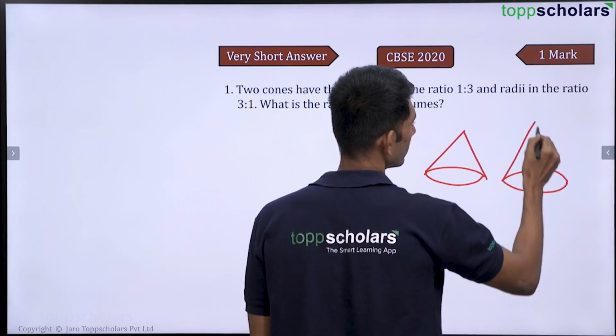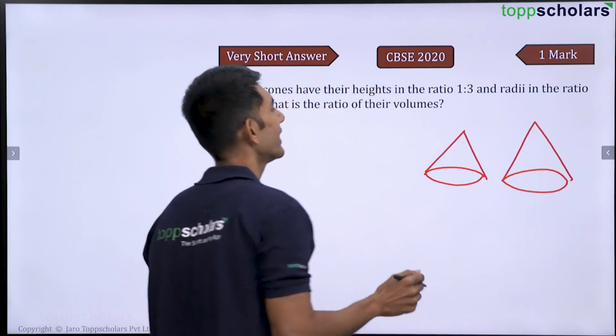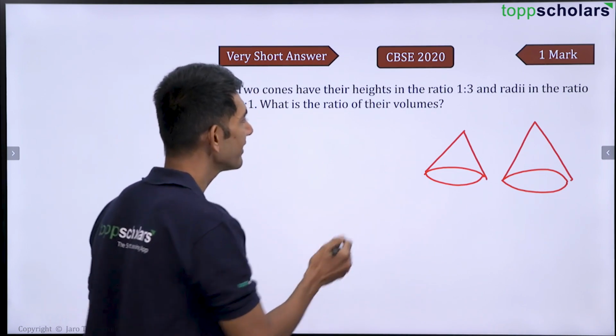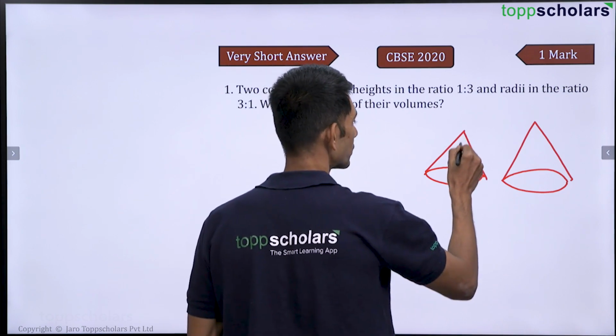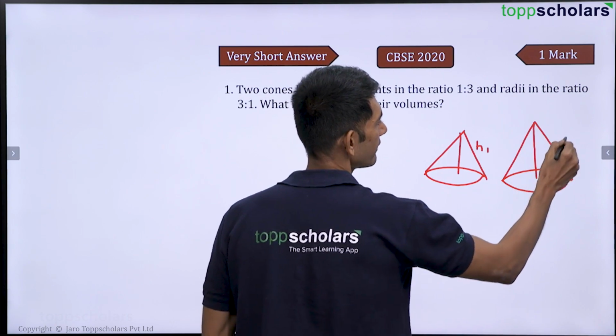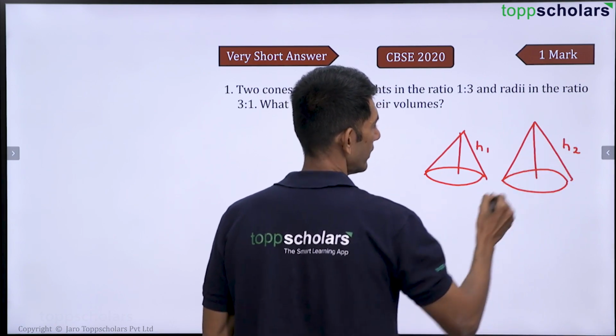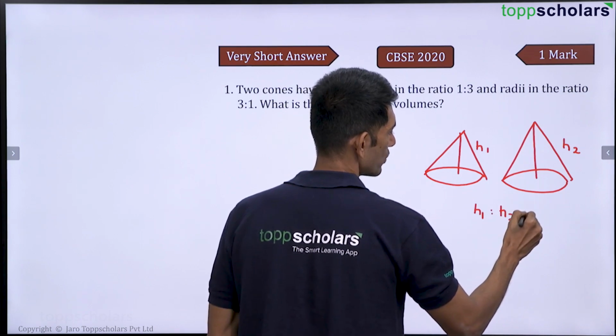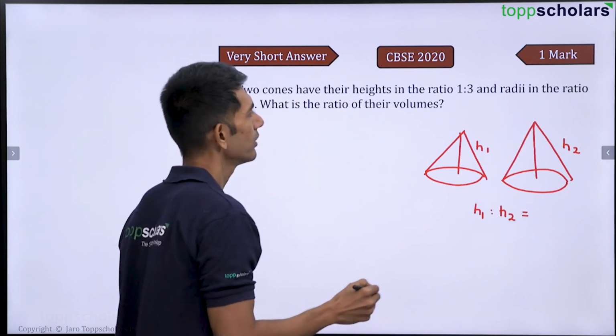One is bigger, one is smaller. So they are saying two cones are there and their heights are in ratio. If the height of the first one is h1 and the height of the second one is h2, then it is given that h1 is to h2 is 1:3.